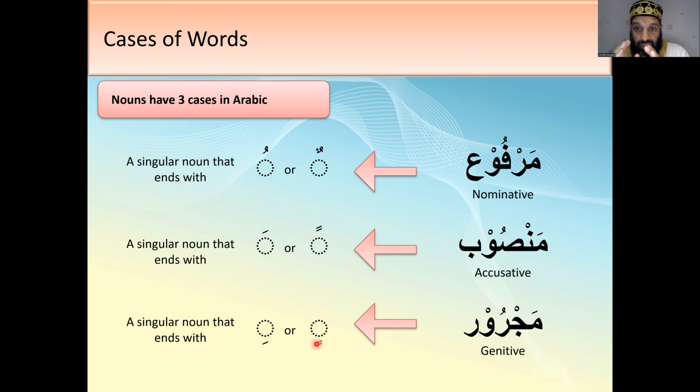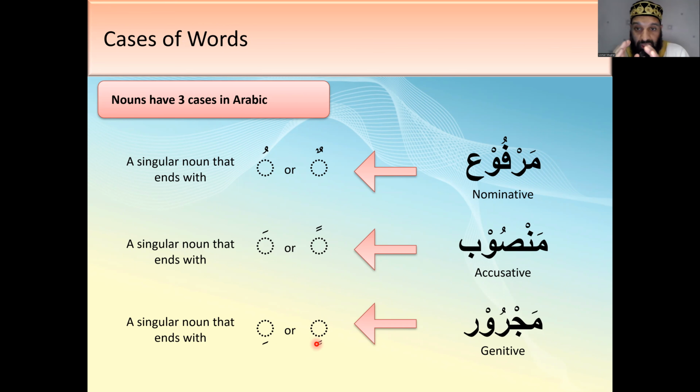So the case of these top words is marfu. Remember, ending in double or single dhamma, these are described as marfu. These are all marfu words. These over here are all mansub words. And the ones over here are all majroor words. Okay?